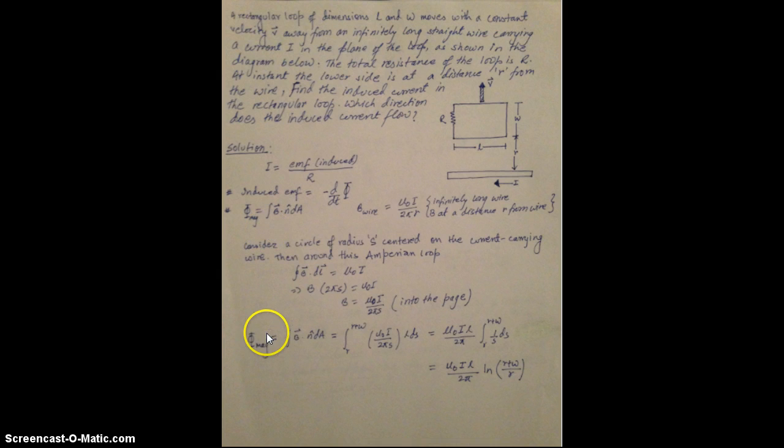You calculate the flux, which is given by this relation, so our integral. Now you need to find the limits of the integral, because you need to find the flux over the whole area.